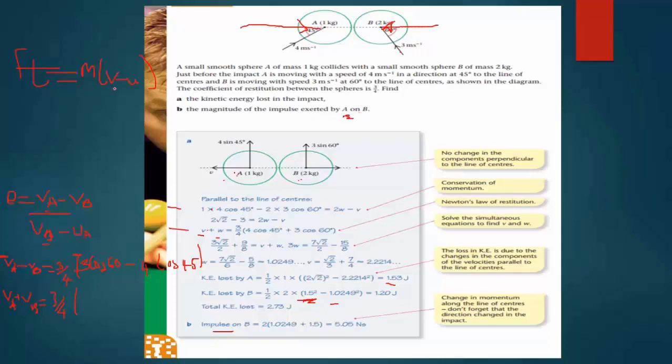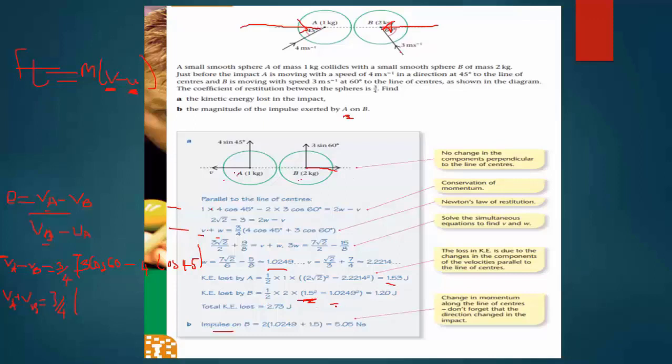Okay? So we have final velocity of B minus initial velocity of B. So we know that the final velocity of B was 1.0249. But remember, the final velocity of B was positive. Okay? Was positive. Which is going to the right ni positive.